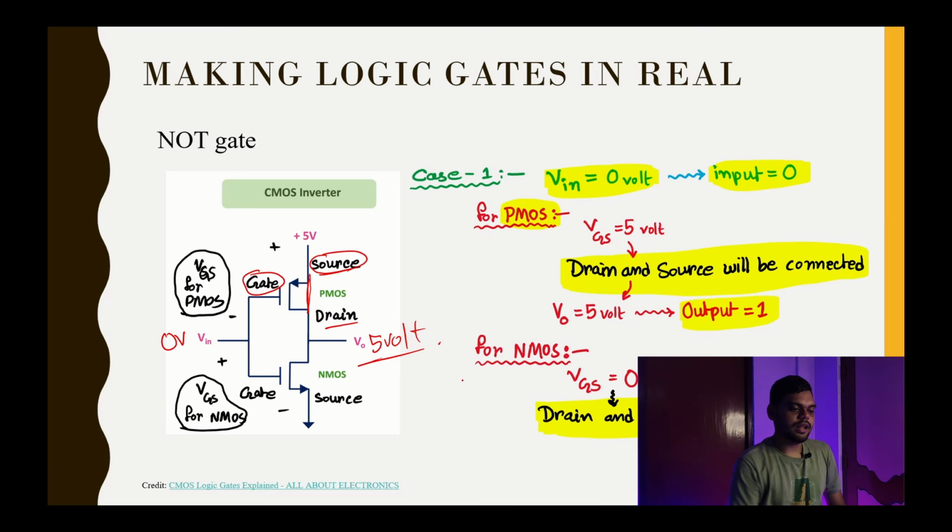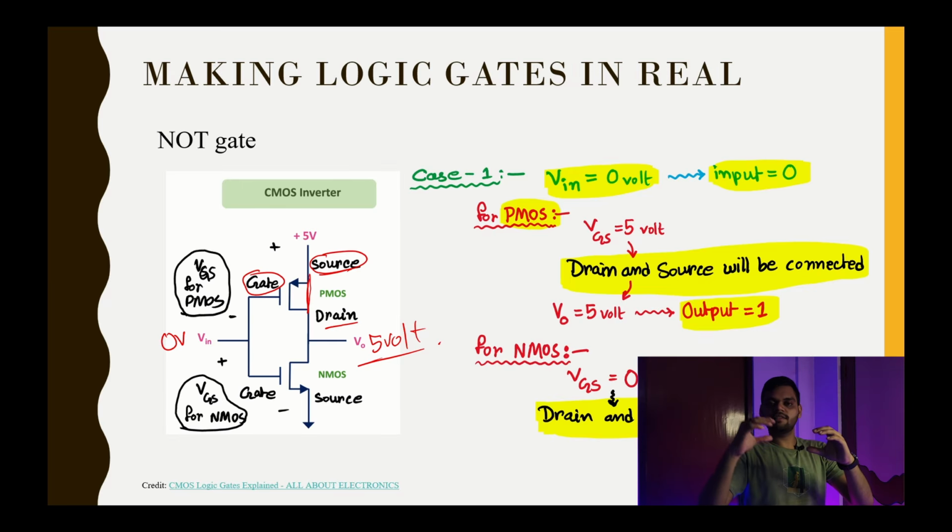You get it? We have a gate here, a source here and a drain here. The voltage of the gate is 0 and the voltage of the source is 5 volt, so we have a difference between them of 5 volt.